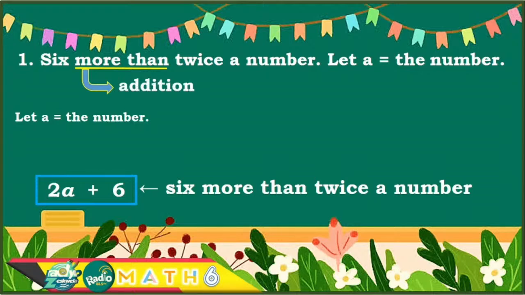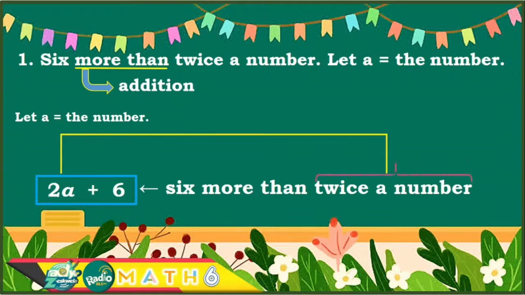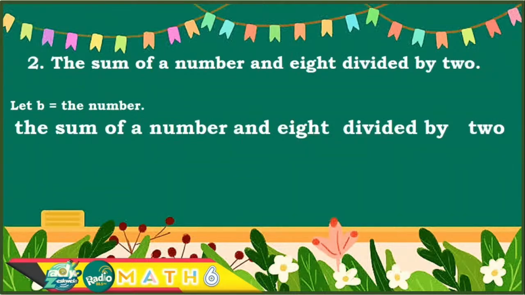To translate 6 more than a number to an algebraic expression, we let A represent the number. Therefore, it becomes 2A plus 6, where 2A means twice a number, the plus sign means more than, and the number 6. Now, let's proceed to item number 2.